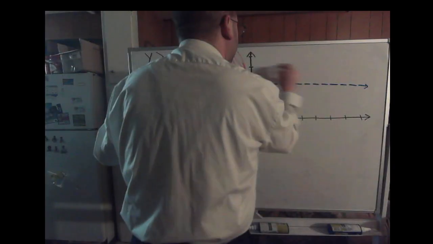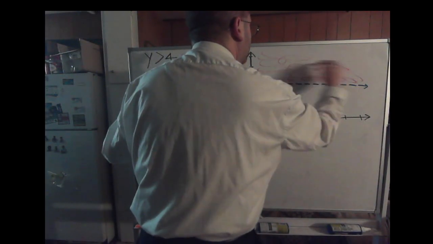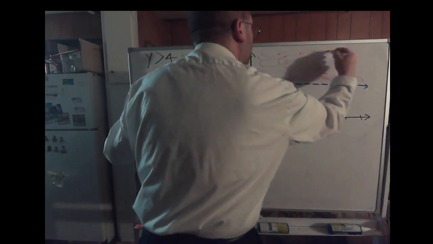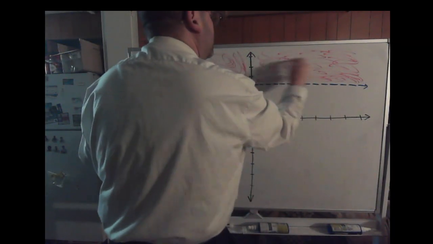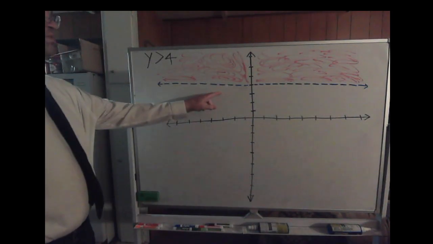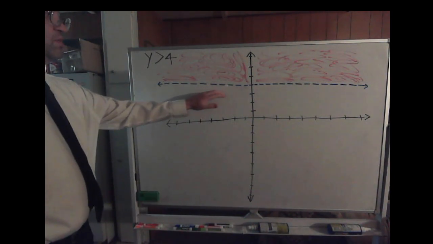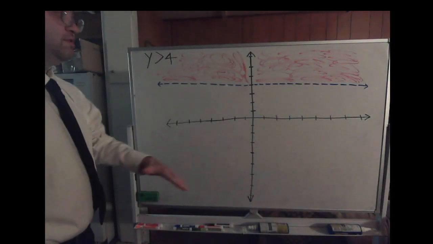Just take your marker and shade the entire region above that y equals 4, because this time you don't want to include y equals 4. That's why it's a dotted line, but y is every value greater than 4.